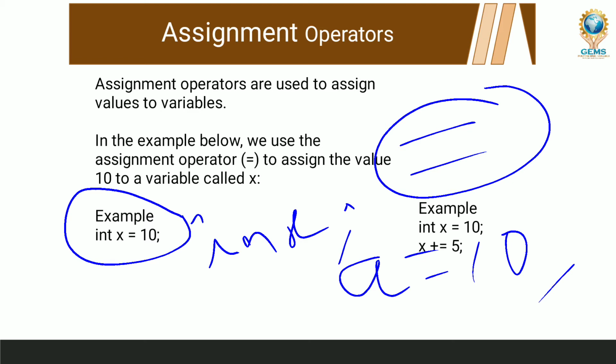This is called assigning a value to the variable. Assignment operators are used in a programming language to assign values to variables.